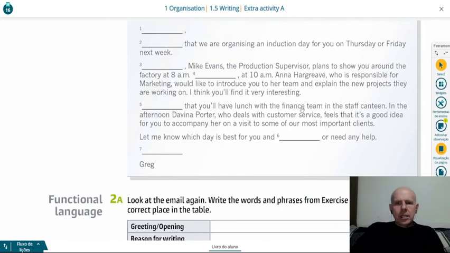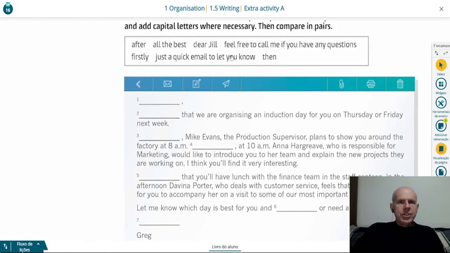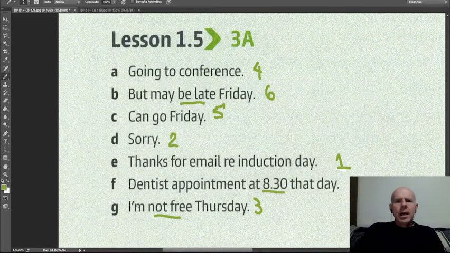Sorry. Look, 8 a.m., right? But if Jill has an appointment at the dentist at 8:30, it's impossible to do all these things in the morning, because I don't know how long it takes, but it's an appointment at the dentist, and then she will finish at 9, 9:15, and then go to the company.